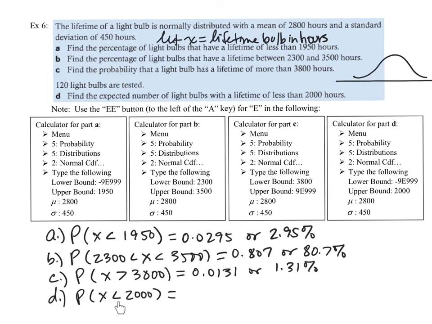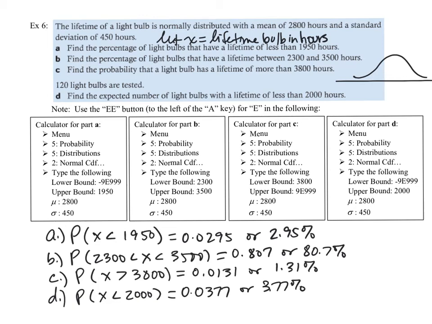We're less than 2,000, so your lower bound is an extremely small number, very, very close to, but not equal to 0. Your upper bound is 2,000, the same mean, the same standard deviation, and you'll get a probability of 0.0377, or in percent form, that would be 3.77%.